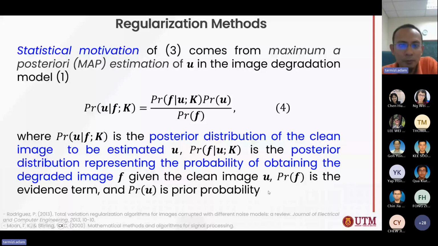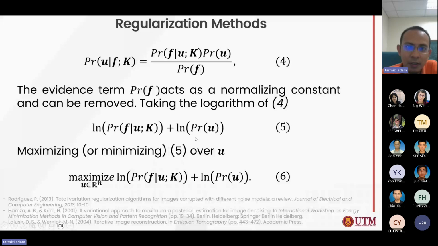If you look at this MAP estimation, the evidence term just acts as a normalizing constant. Even if you minimize, it does not depend on u, so we can just remove this.